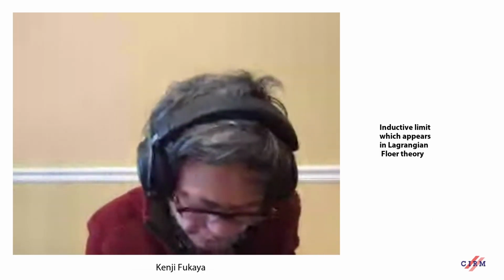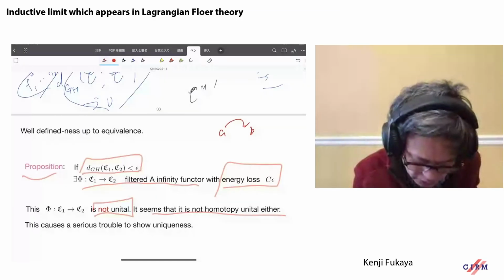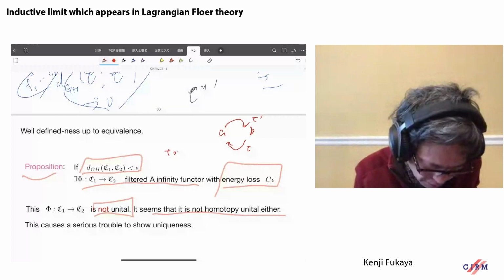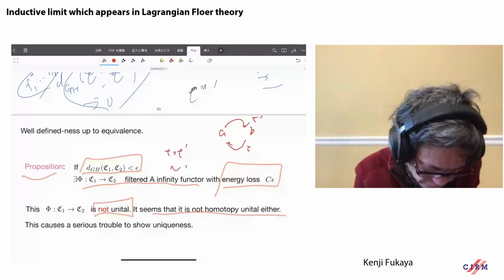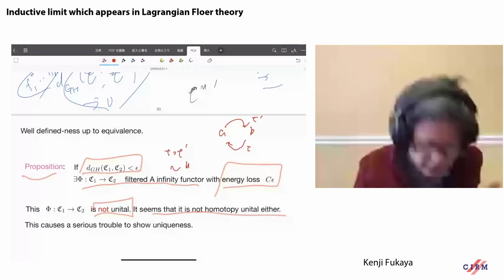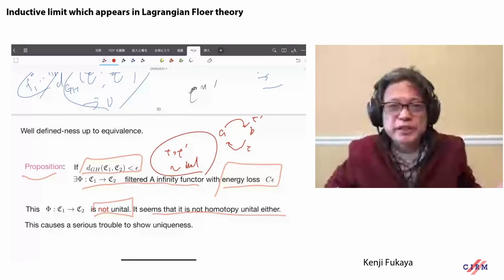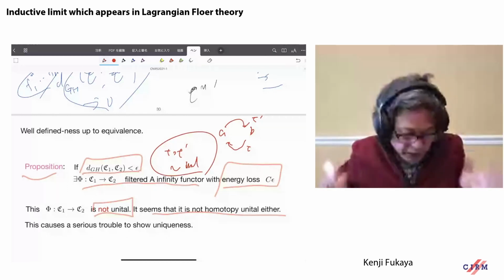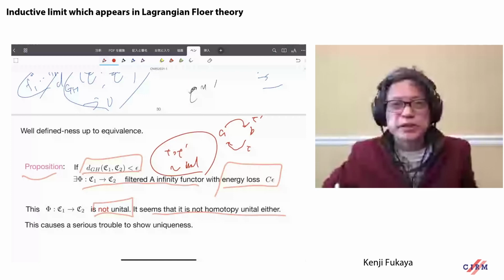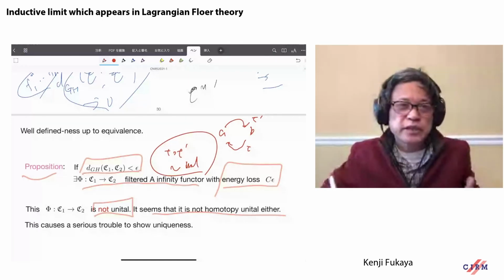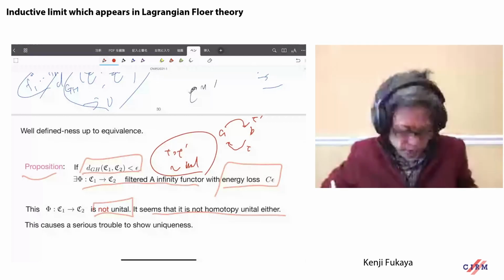So you have the Hofer distance. You need something like T and T prime, where T composed with T prime is homotopic to the unit. So this is the definition of the Hofer distance. If you want to prove that something is small in Hofer distance, you need to say that there are units which are compatible with these constructions.